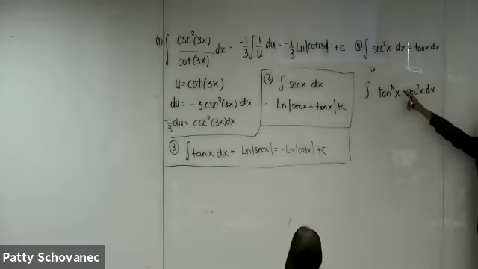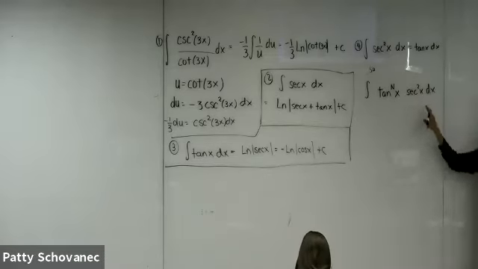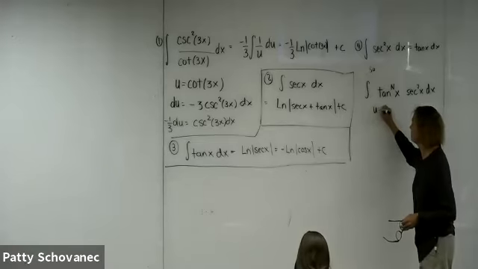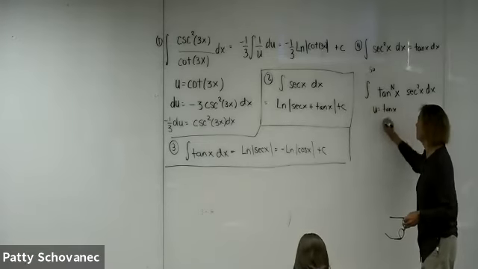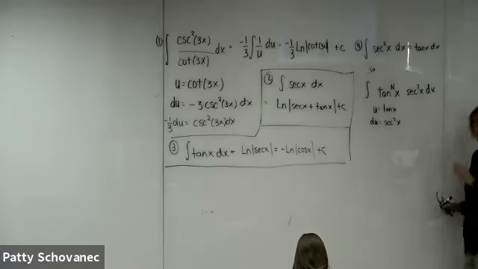Whatever power, even, odd, rational, irrational, this is a u du integral. Take u to be tangent of x. So the presence of the secant squared is good.